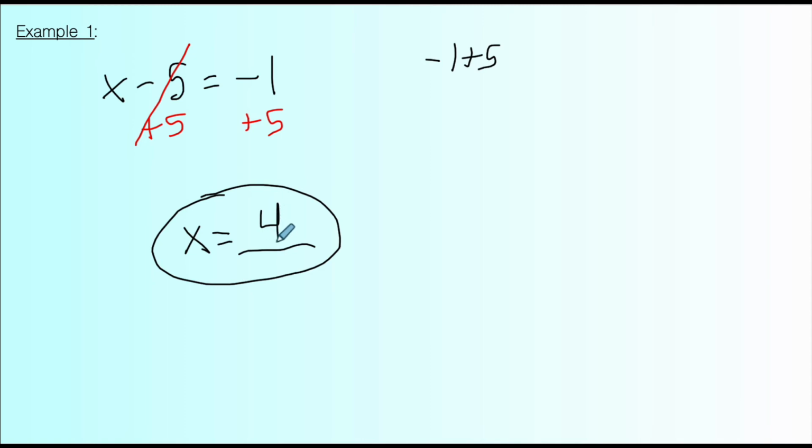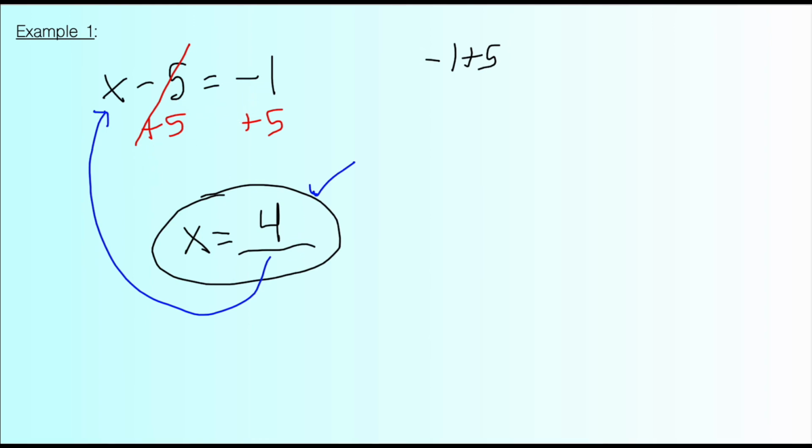You can know just by taking that final solution and plugging it back in and testing it out. Is 4 minus 5 equal to negative 1? It is, and therefore I have found the definite solution. It has to be 4. That's the only thing that's going to make this thing balanced and true.